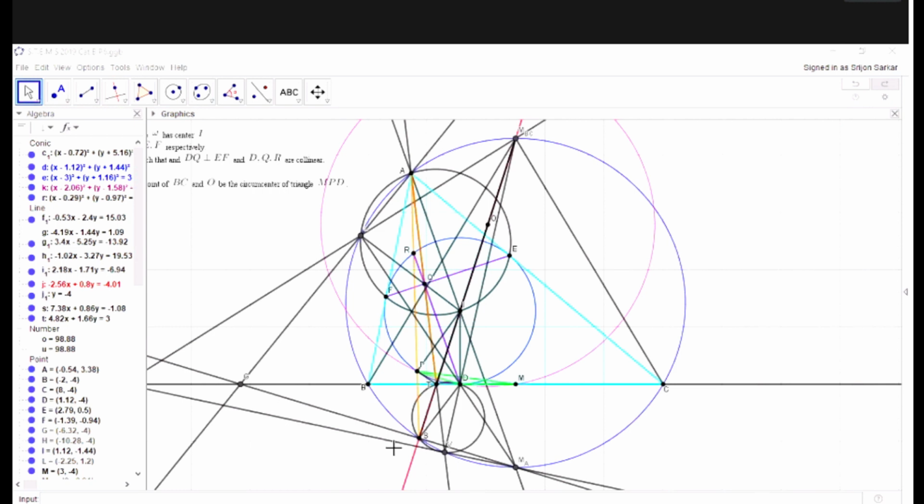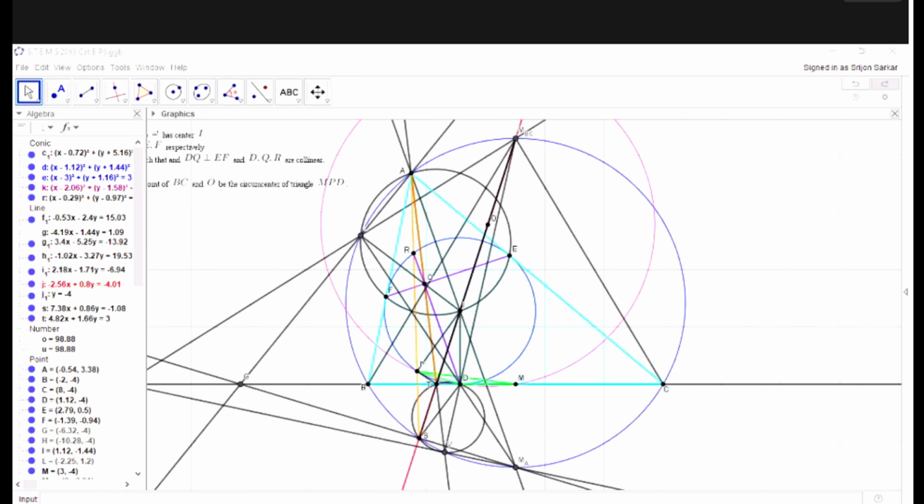And you can say it like SD is the reflection of AS or AR or SP or whatever. All these are collinear. So with this we're done with the third part.